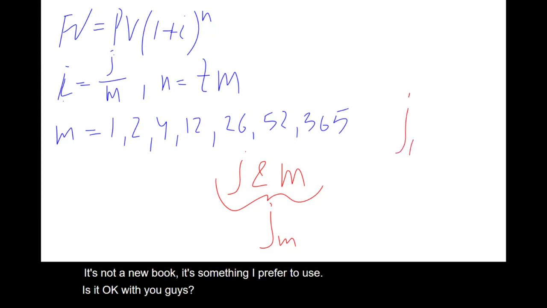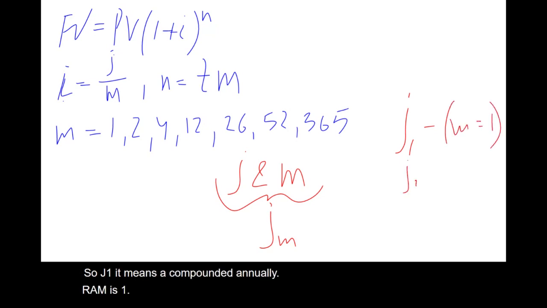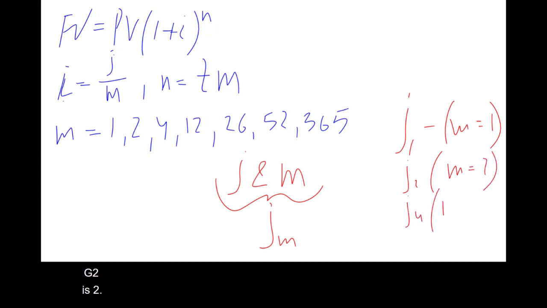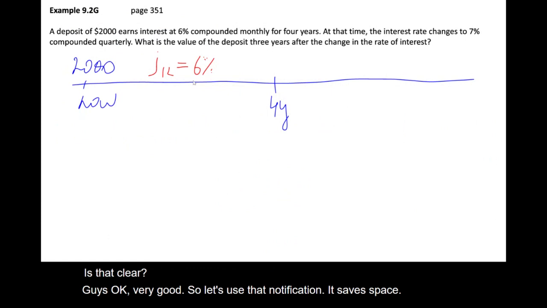So J1 means compounded annually, M is 1. J2, M is 2. J4, M is 4, etc. Is that clear, guys? Okay, very good. So let's use that notation. It saves space and effort.